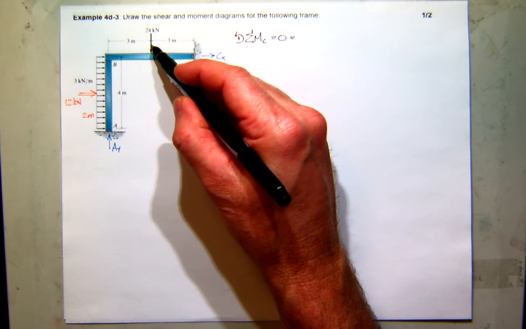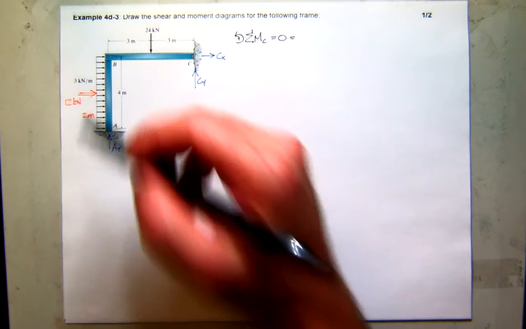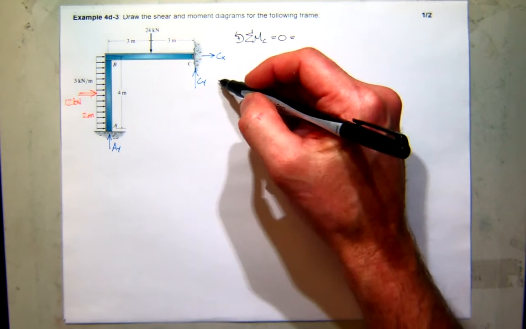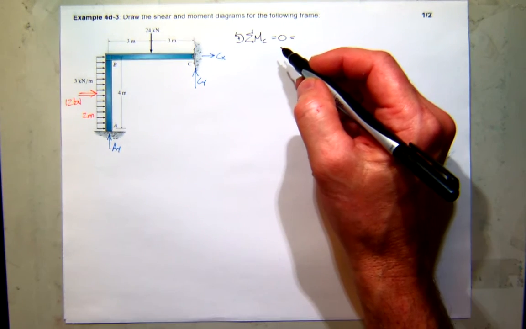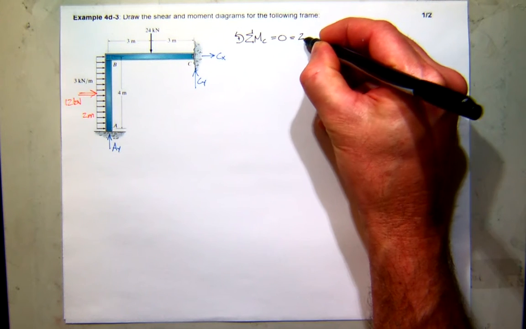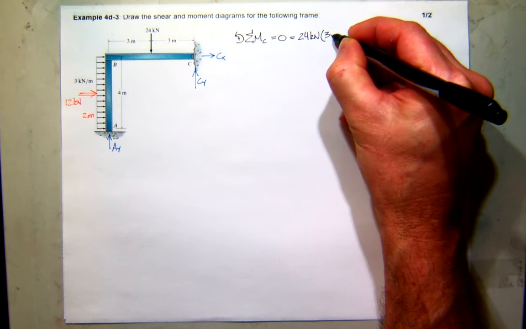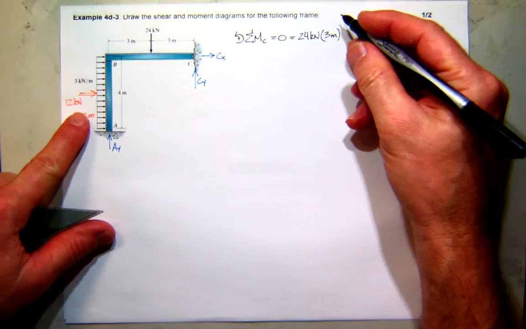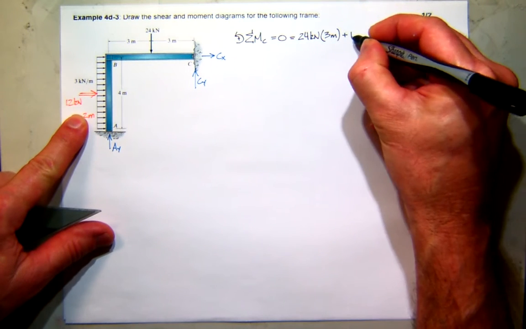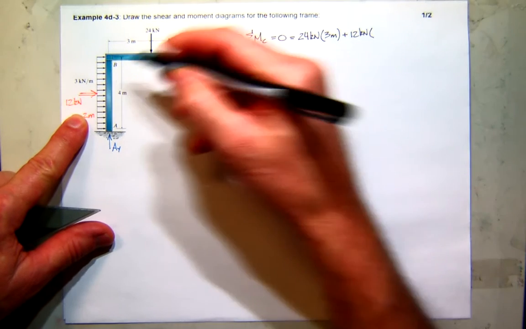This 24 kilonewton and this 12 kilonewton force both create what kind of moment about C using the right-hand rule? They're both positive. So the first one would be the force, 24 kilonewtons, times 3 meters. Then the 12 would be 12 kilonewtons as the force, and the distance is 2 meters.